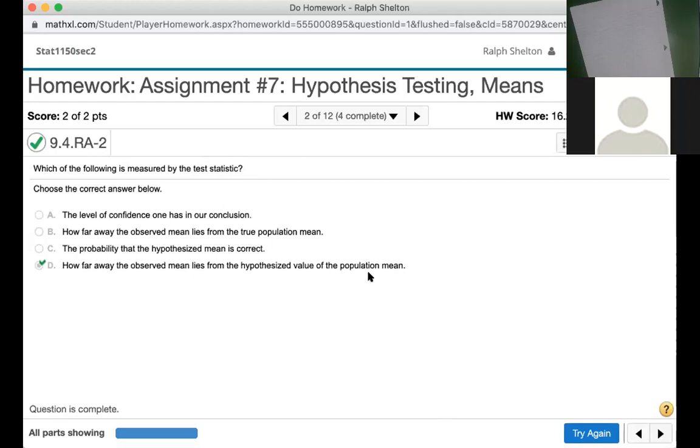So it measures how far the observed mean, which is X bar if we're doing means testing, is from your null hypothesis mean. That's what this test statistic does. So next.